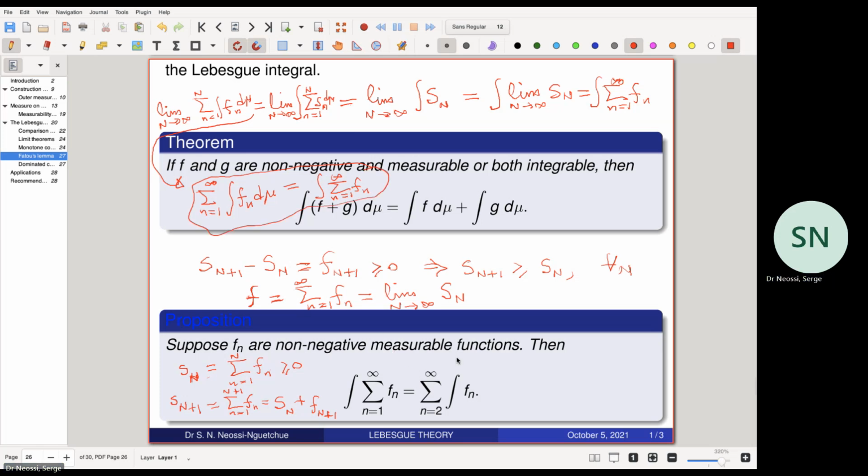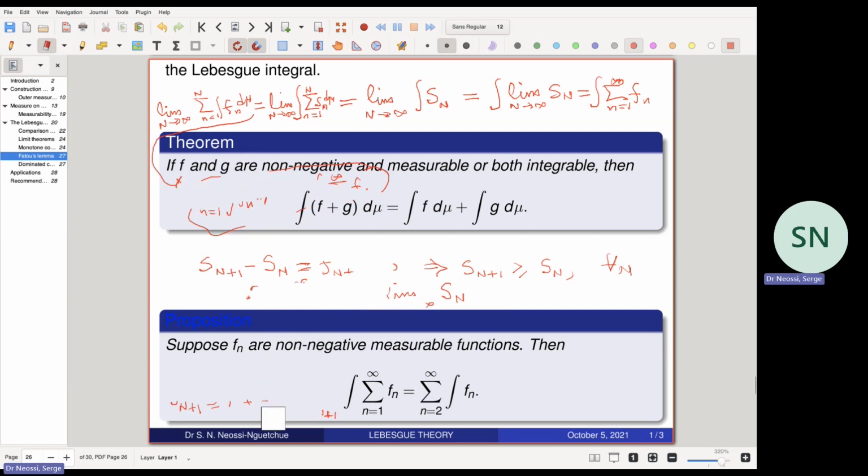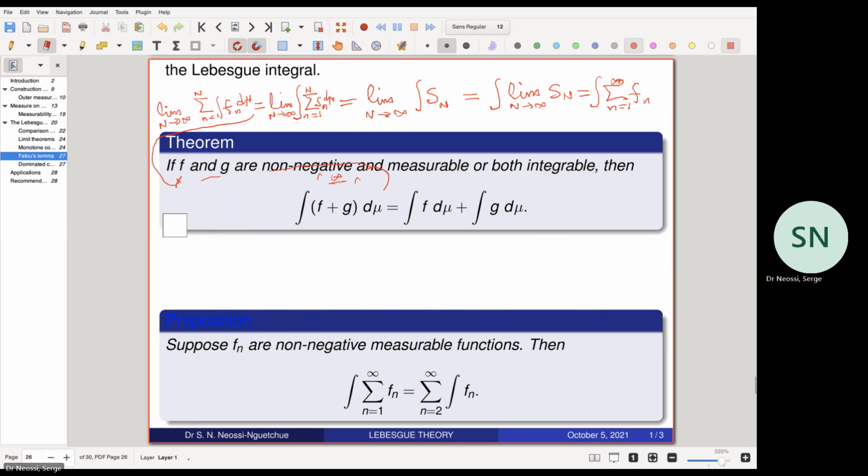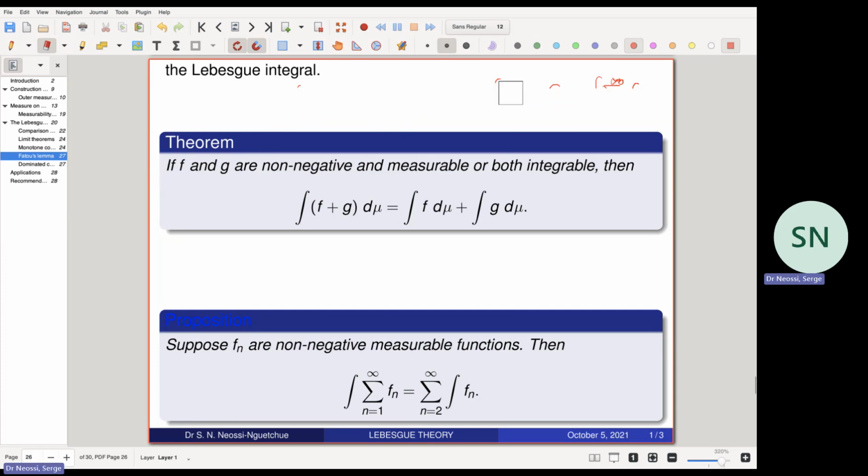That shows that the proposition is just a consequence of the monotone convergence theorem. So this proposition can also be called a corollary of the monotone convergence theorem.